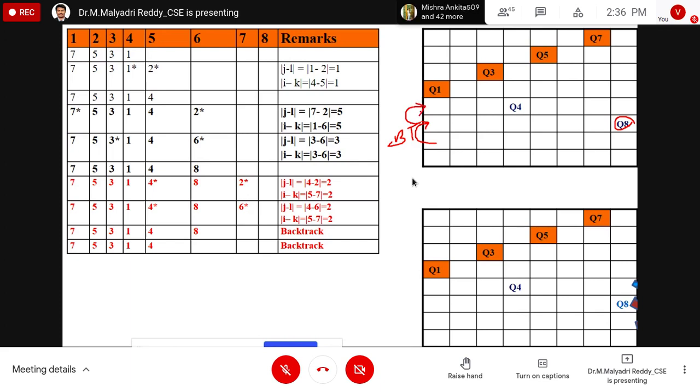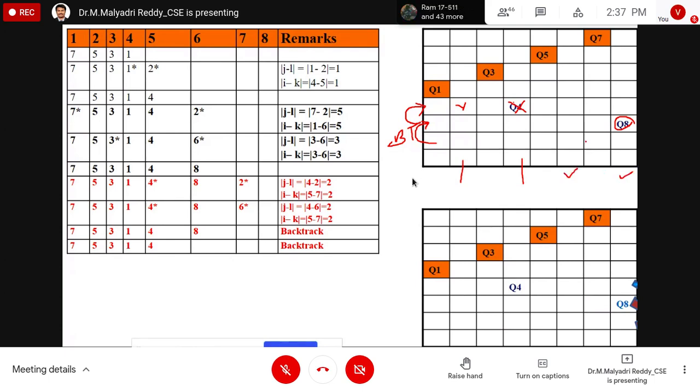So go to the Q4. Q2 is not possible, Q4 is not possible, right? Yes, sir. So we have to try for Q6. Why? Because 2 is not possible, 4 is not possible, two possibilities are there, 6 and 8.